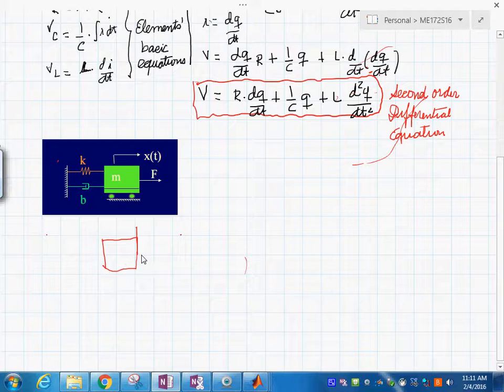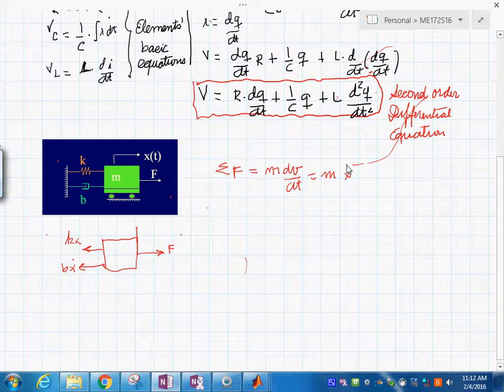We have the mass in here, we have the force in here, and we have the other one in here that says k times x, and this one is b times x dot, like this. So in here we also do the same thing. The summation of the forces in this case equals to the rate of change of momentum, like this.